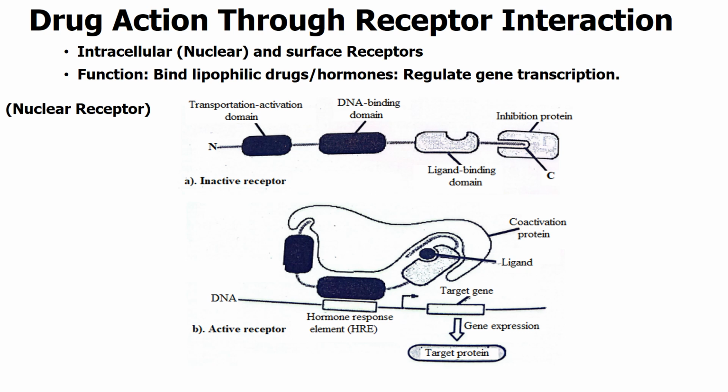Now, let's go ahead and describe the nuclear or intracellular receptor. From the diagram before you, I have two figures here labeled A and B, the inactive receptor as well as the active receptor.